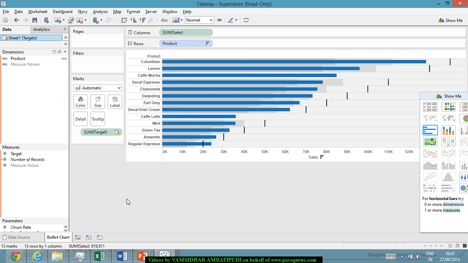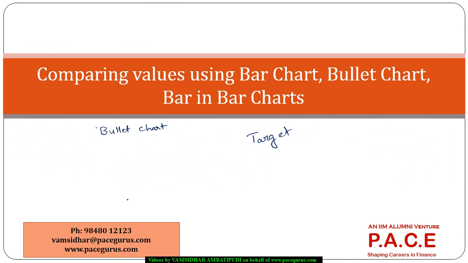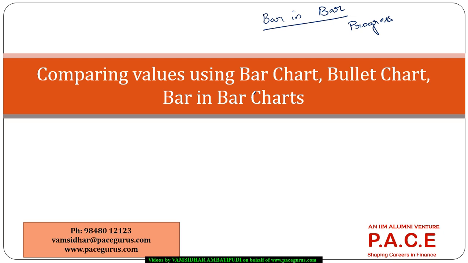Now comes the next important chart in our process, which is a bar in bar kind of chart. This also is more towards expressing the progress. The same example we can express in the form of a bar in bar chart.